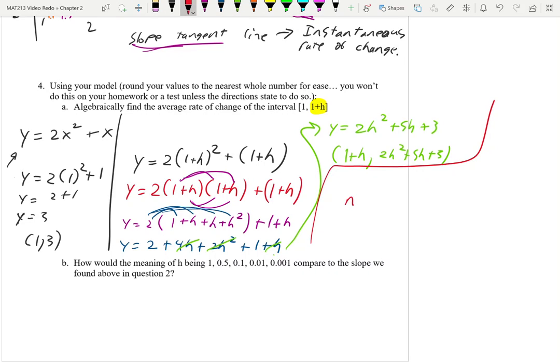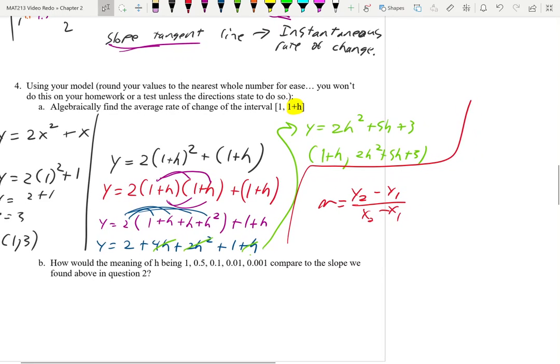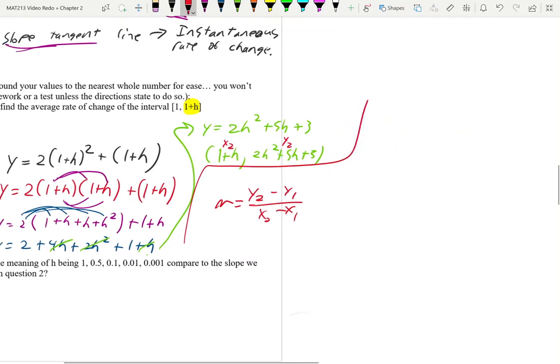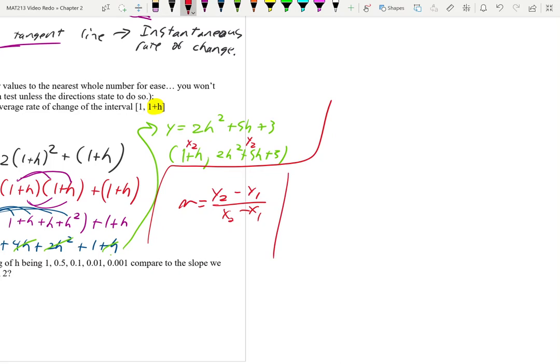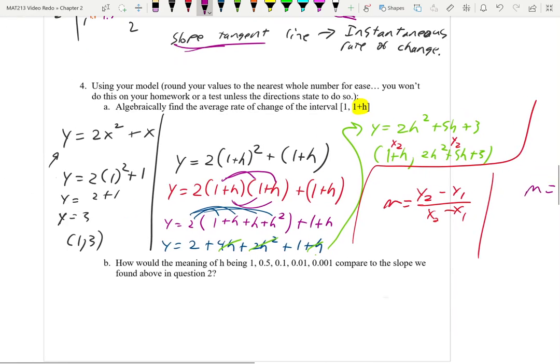This is no different. It is literally what we've been doing. The slope equals y2 minus y1 over x2 minus x1. So I have my first ordered pair, which I'll use up here. I'll call this my x2 and my y2. If I'm going to sub those in, my slope is equal to y2, which is 2h squared plus 5h plus 3, minus, what is my other y value for my other point?